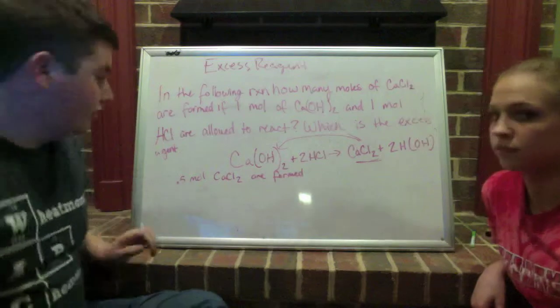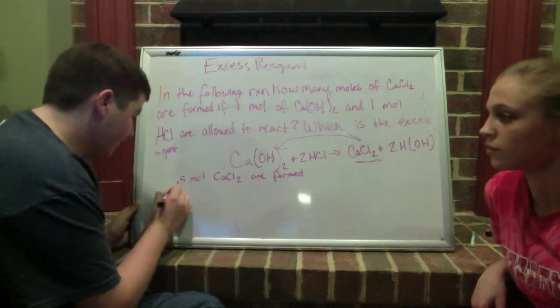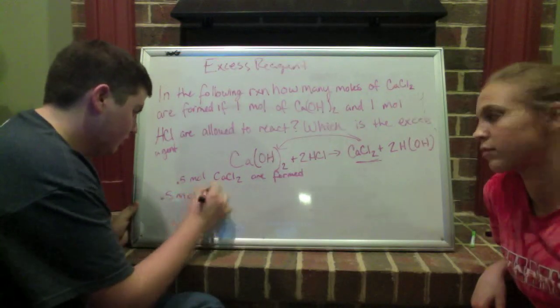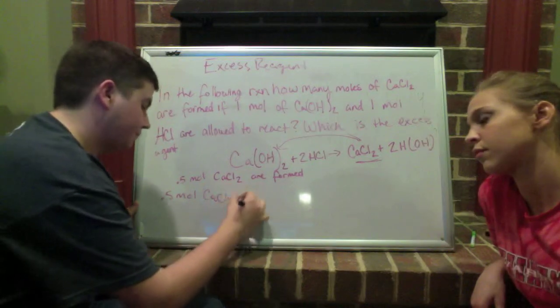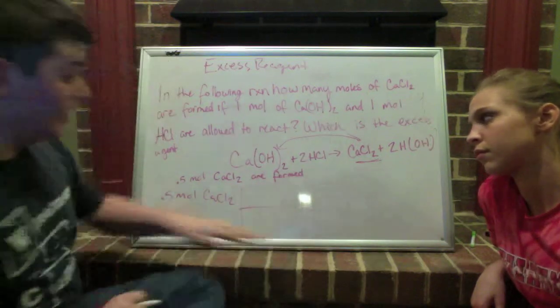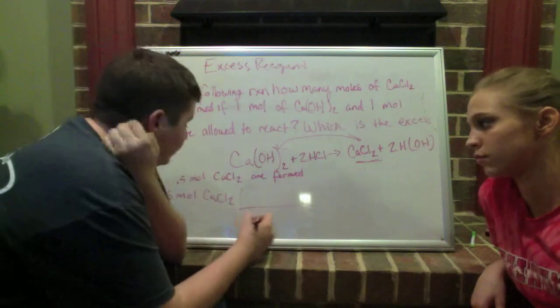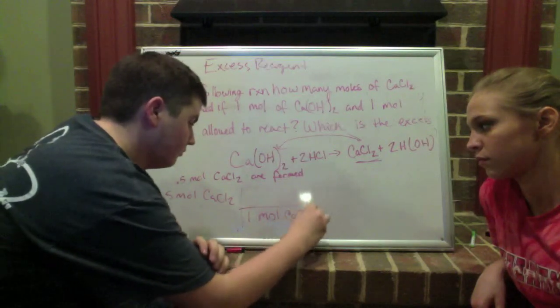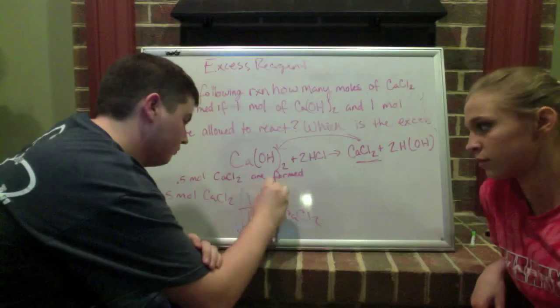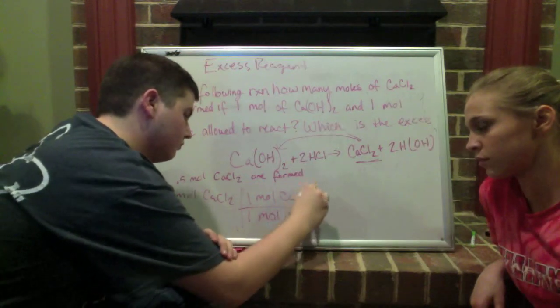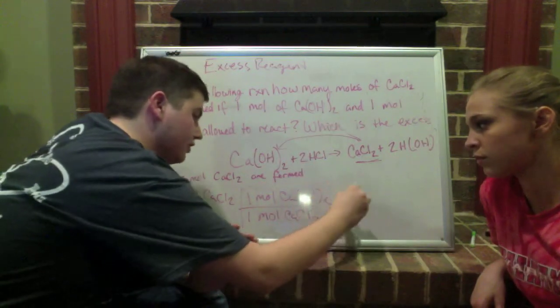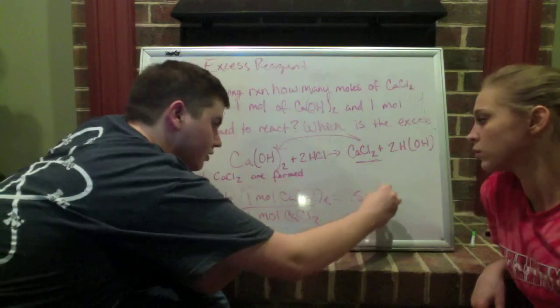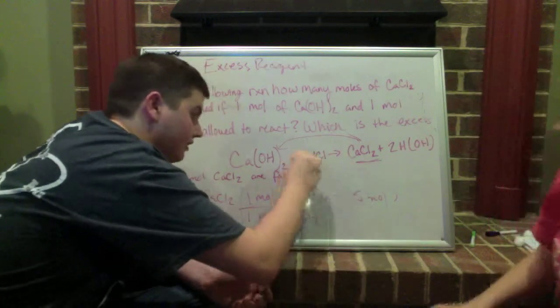So what you would do is start with 0.5 moles calcium chloride. Then you would go straight into your mole ratio, and it's 1 to 1. So you get 0.5 moles of calcium hydroxide.